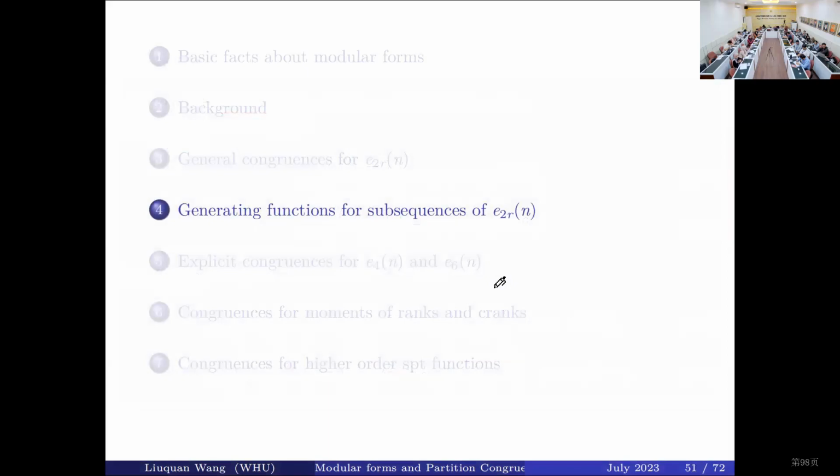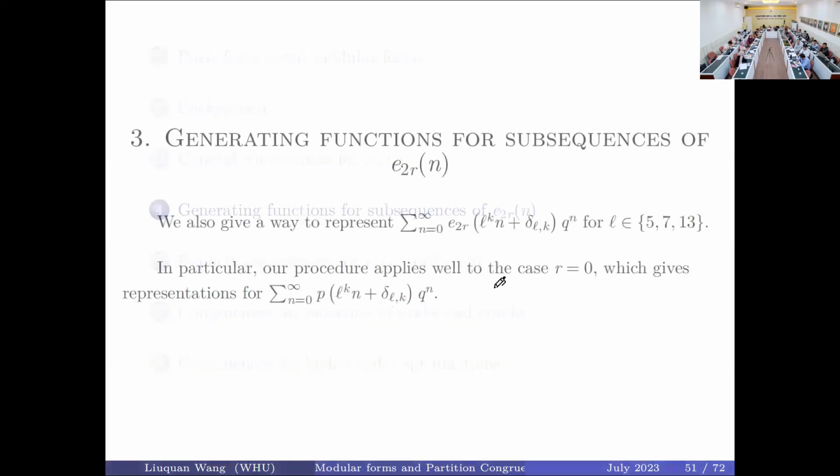Now let's turn to generating functions, another method. As we have seen, one of the methods to prove such congruences is to find the generating function for the subsequences.